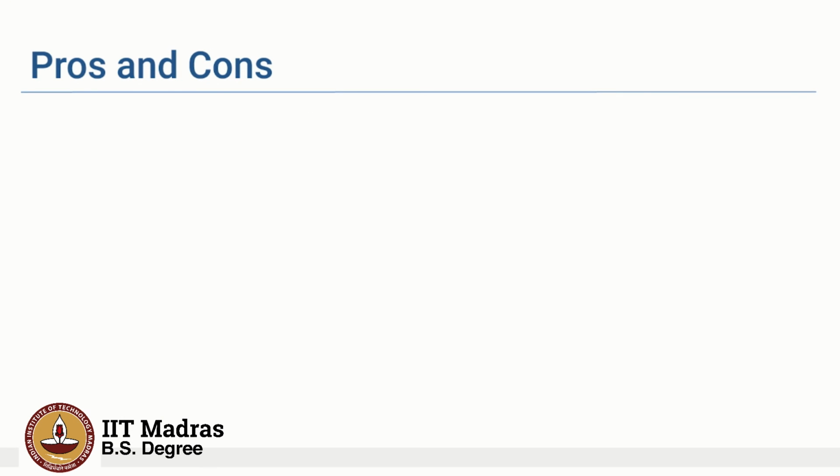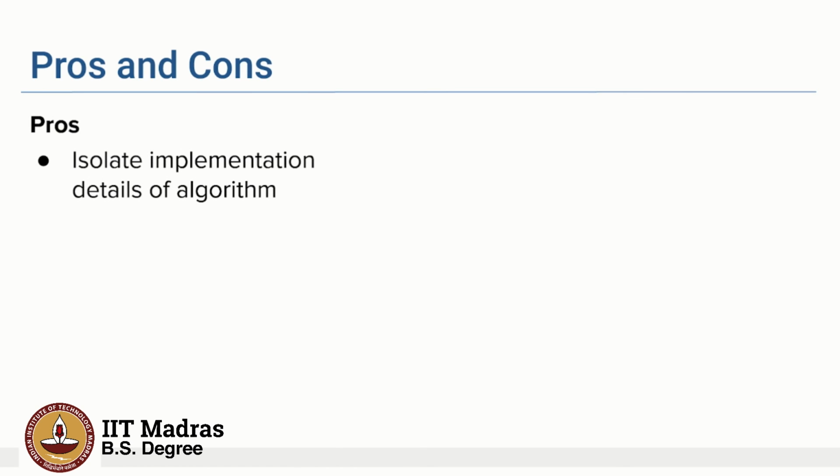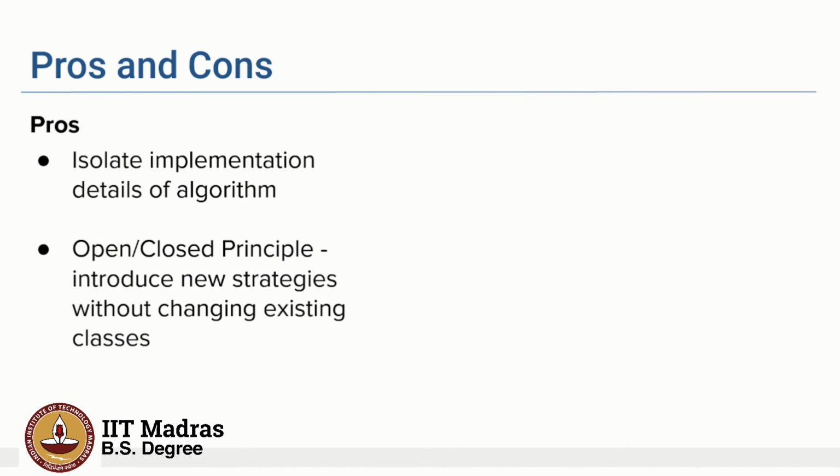Now let's look at some of the pros and cons of this strategy. So what are some pros? As we saw, the strategy design pattern isolates the implementation details of the algorithm, so each class will have the logic for a specific strategy. And we also saw that it helps implement the open close principle.